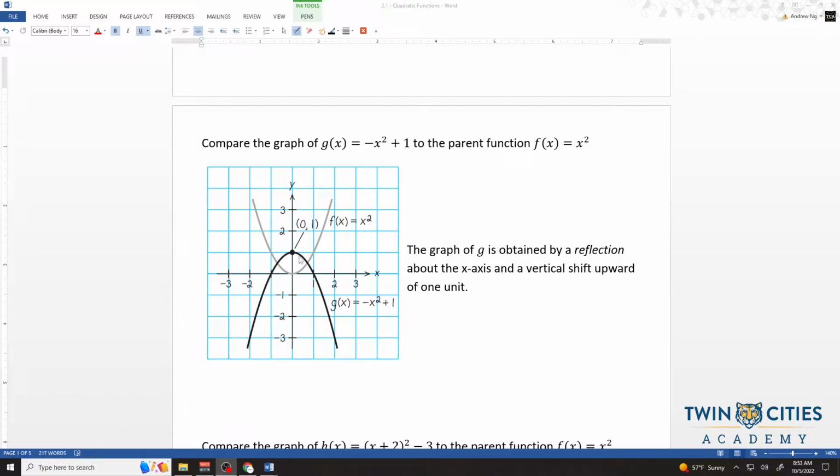So the bold black one here, this is g of x equals negative x squared plus 1. The plus 1 at the end indicates that we're going to move the vertex up 1 point here. And the negative at the front for a means that we're going to do a reflection vertically, so it's going to reflect this and make this open downward now.